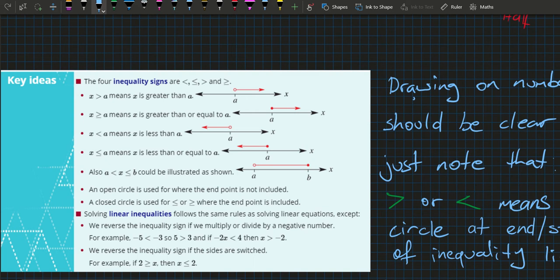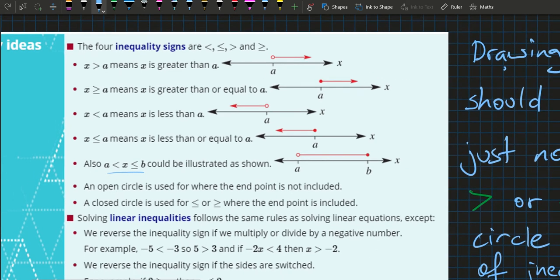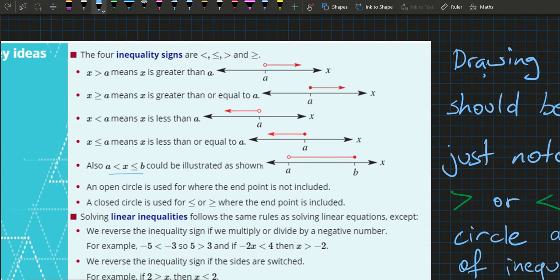And same goes for the negatives, okay? So for the less than signs, we're pointing off towards negative infinity. This one here, I'm highlighting where I'm looking at. So you've got this a, and a is less than x, so that means x is greater than a, and x is also less than or equal to b.